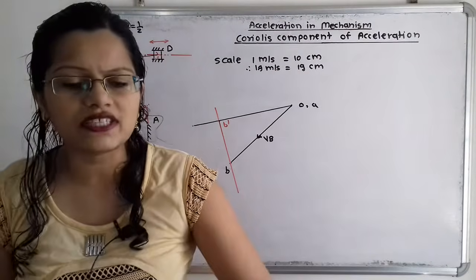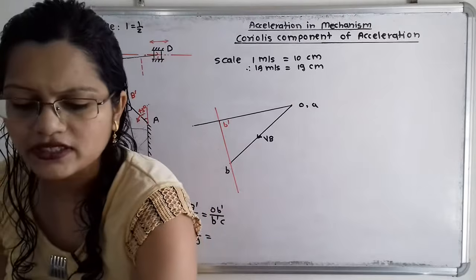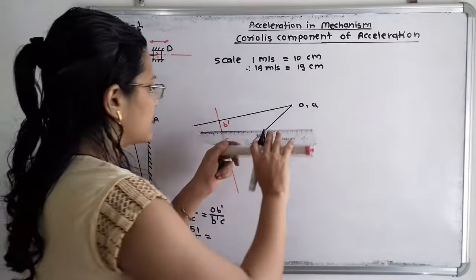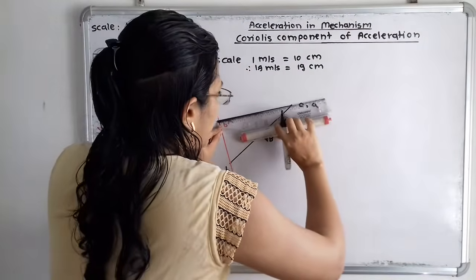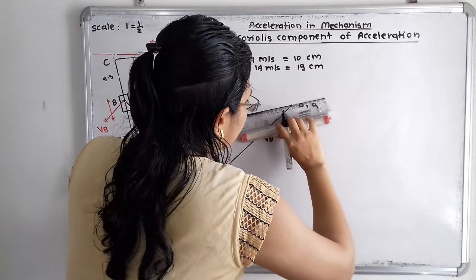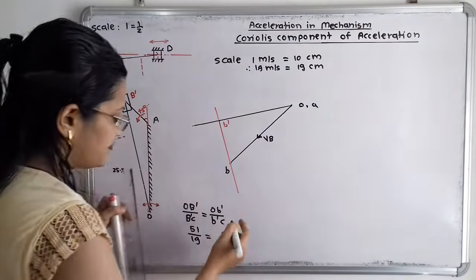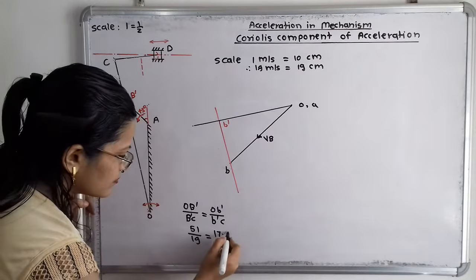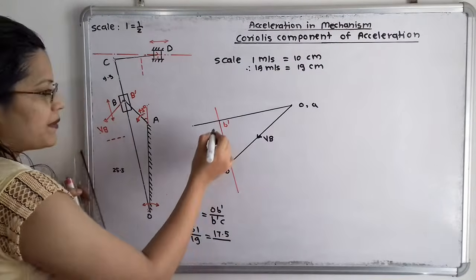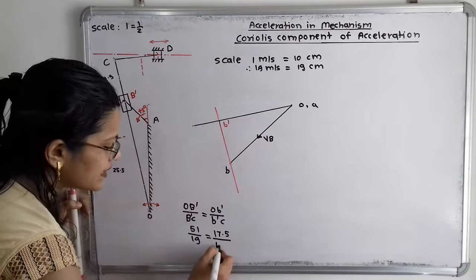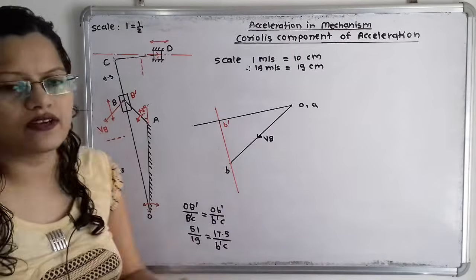Which is equal to, now, this distance O to B dash. In the velocity diagram also we have to measure this distance. If I measure the distance O to B dash, it is 17.5 divided by B dash C. This B dash C is unknown, so we have to find it out.